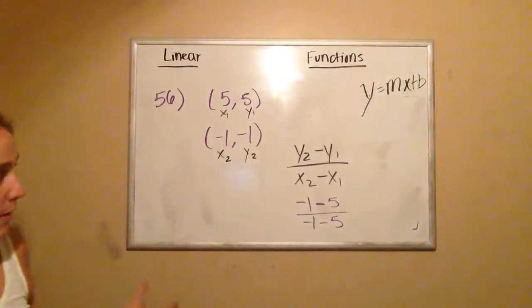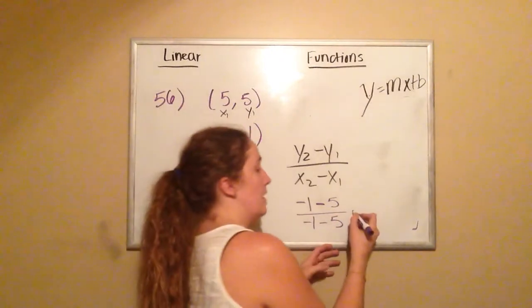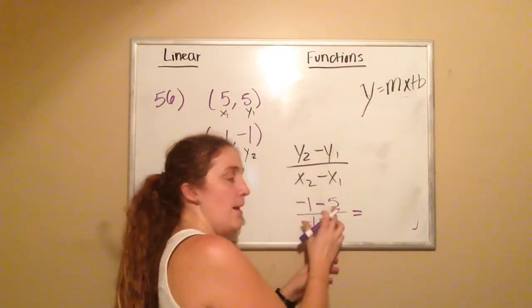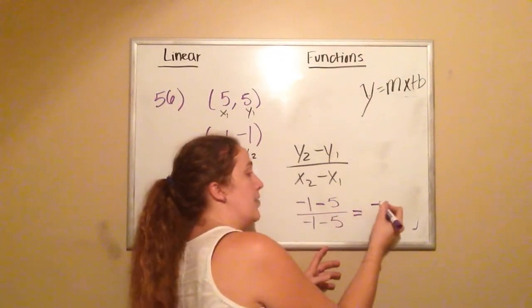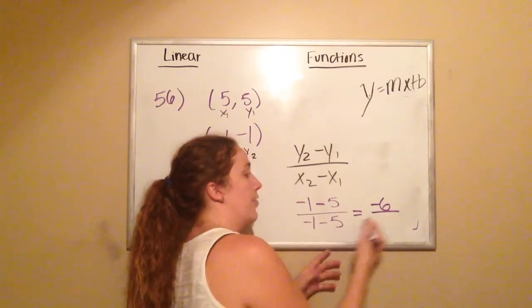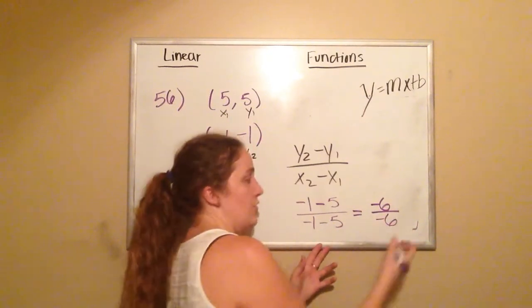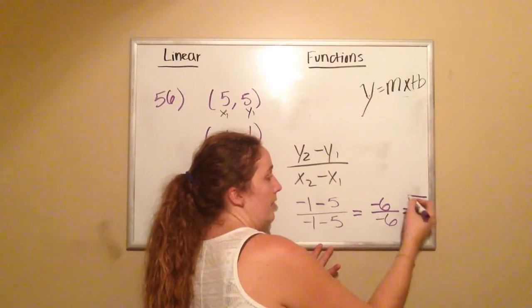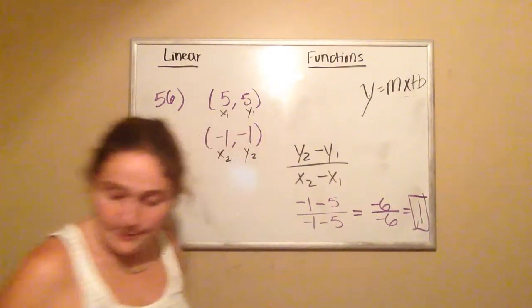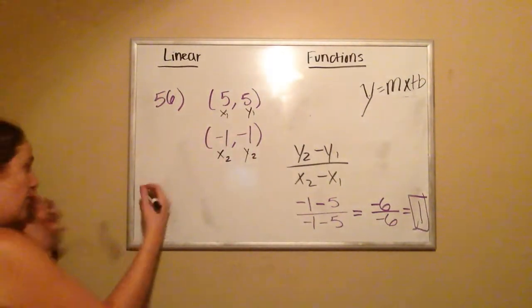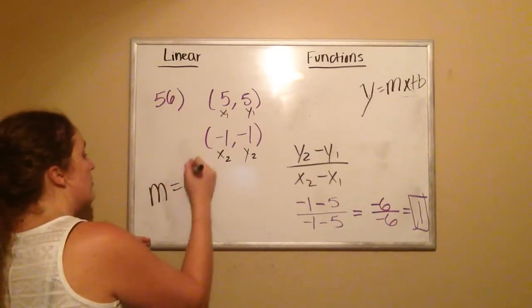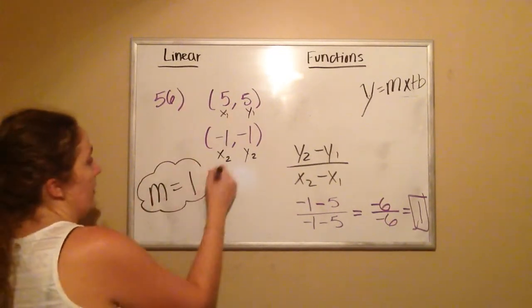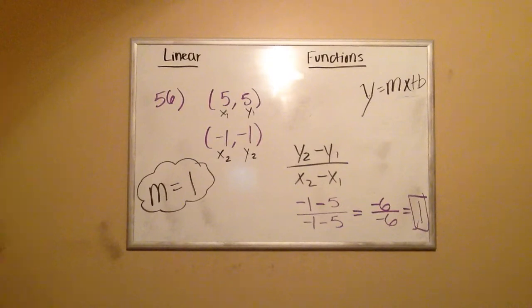When we simplify this, negative 1 minus 5 is negative 6 over another negative 6, which simplifies to 1. So what did we just find? We just found the slope. So our slope is equal to 1. Yay, we got somewhere. Okay, so I'm going to erase our work for slope.